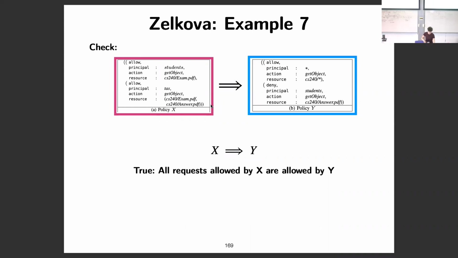Yes, they are. Y allows everybody to access stuff in CS240, and the only thing it restricts is students getting the answers, so it makes the contents of CS240 public.